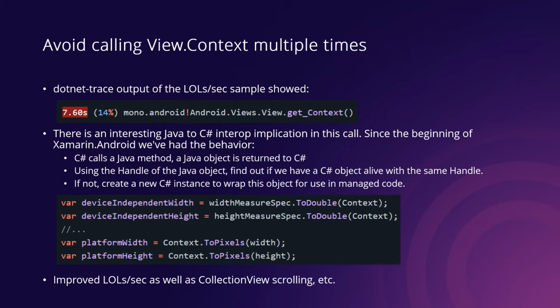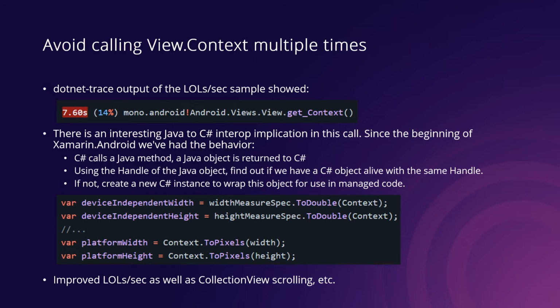And we have to take that handle and find out if we have a C# object alive with the same handle and keep using it. So you could just move context to a local variable here instead of calling it 4 times. We went beyond that. In some cases, we'd make a member variable in the class so that it happened once when the view is created, and then it never happens again.